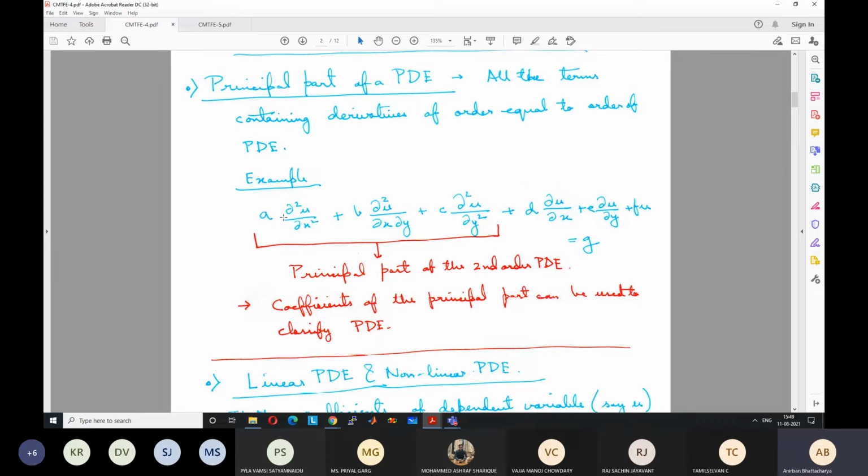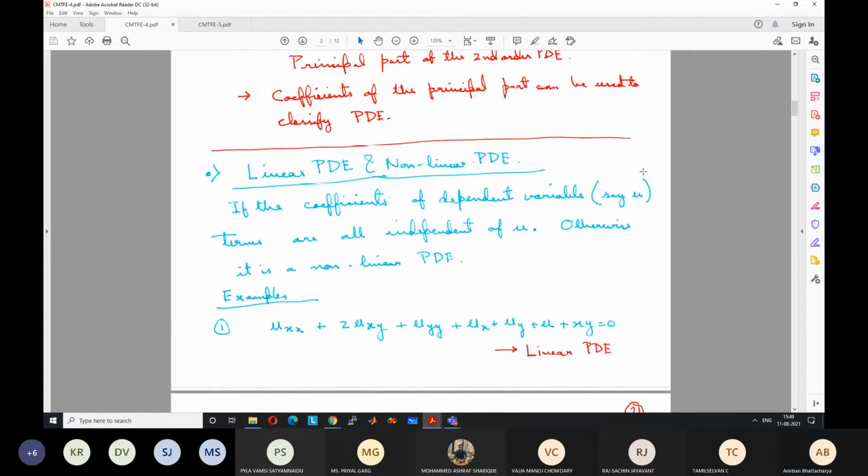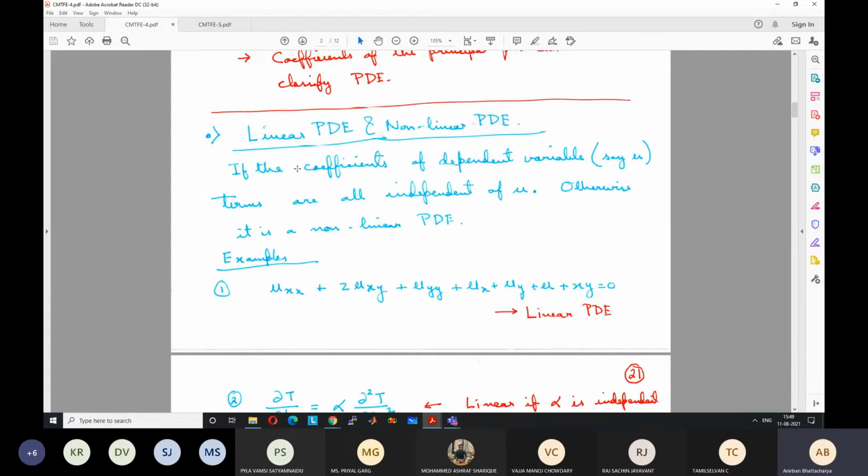If any one of them is a function of u, say this term is u del square u del x del y, or this term becomes u into u, say u square, then it becomes a non-linear PD. If the coefficients are independent of the dependent variable, then it is a linear PD, otherwise it's a non-linear PD.